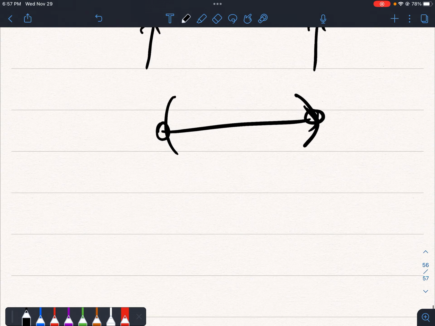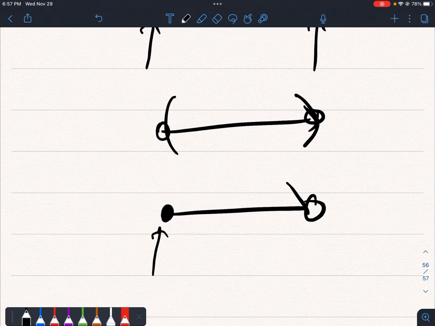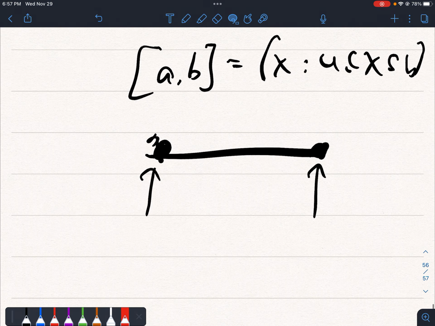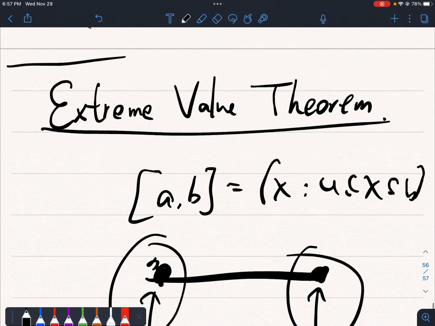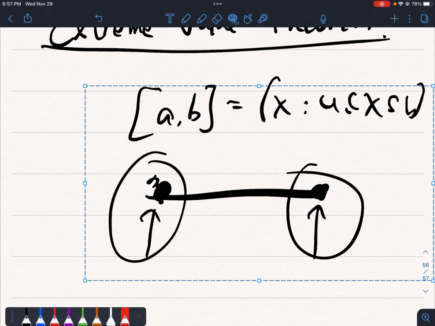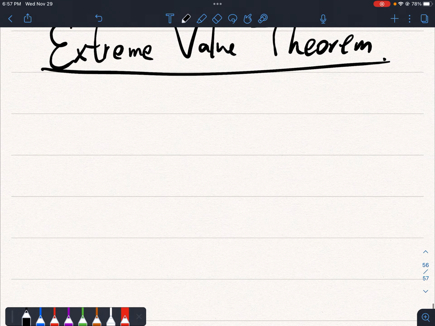If it's an open interval, then neither of the endpoints is attained. If it's half open, half closed, so here this is closed, this is open, then it means the left endpoint is attained, but the right endpoint is not attained. So in the case of a closed interval, both endpoints are attained in the interval.